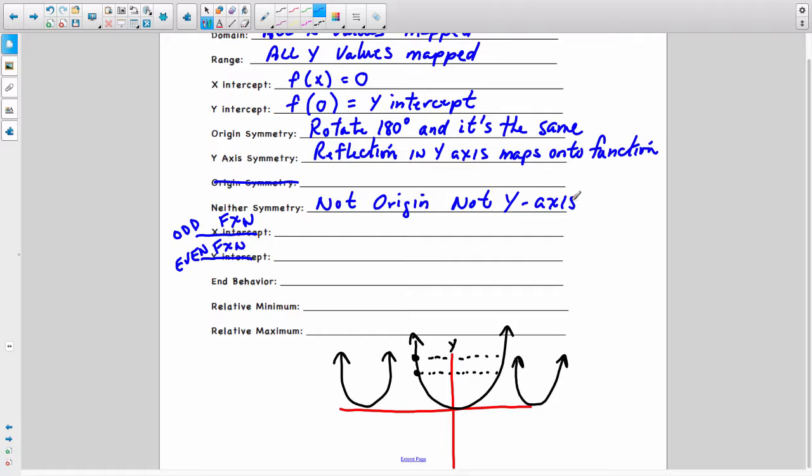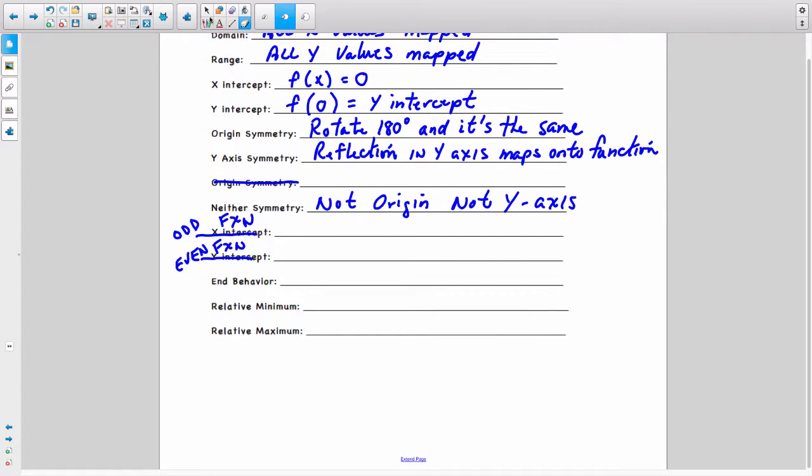Now, this odd and even function business, this is pretty cool, and we will spend more time on this later, different videos. To be an odd function or an even function, you can tell just by looking at a graph. And here's the rule. And it's nice and easy to remember because odd starts with an O, and you are an odd function if you have origin symmetry automatically.